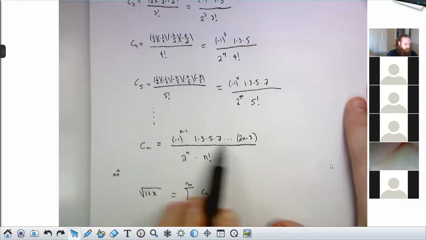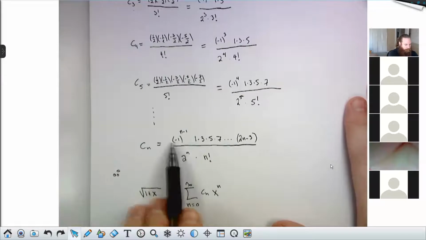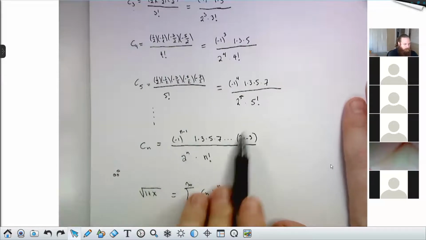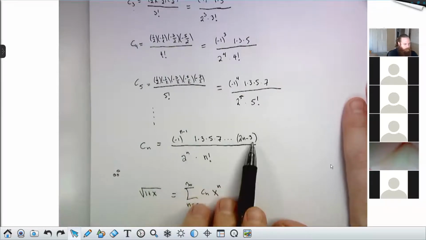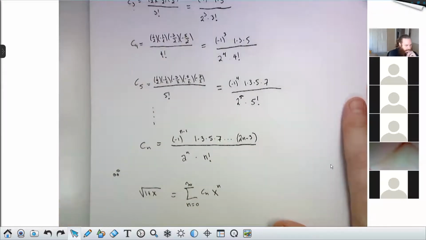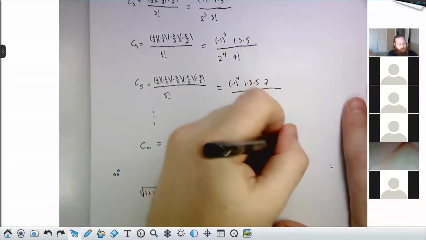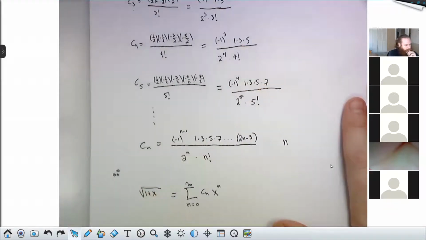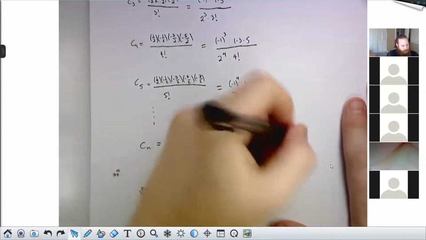It might not work if n is equal to 2 either. Yeah, if you plug in n equals 1, this product isn't defined because 2 minus 3 is negative. It doesn't make sense here. If you plug in n equals 2, it actually works okay. Yeah, so this is okay as long as n is greater than, definitely not 0, 1. Yeah, greater than or equal to 2.